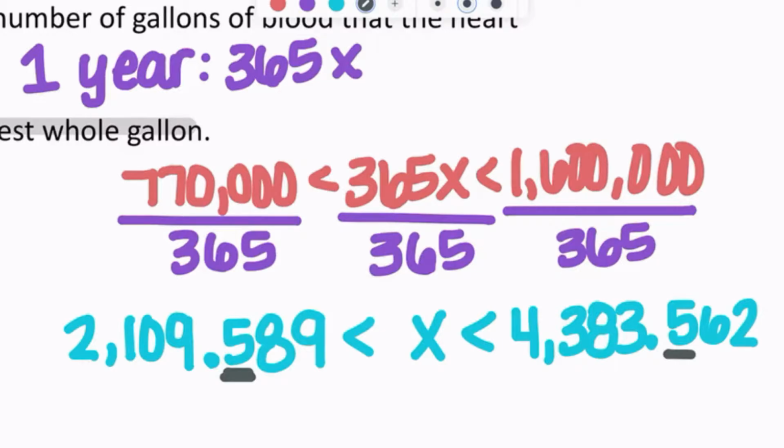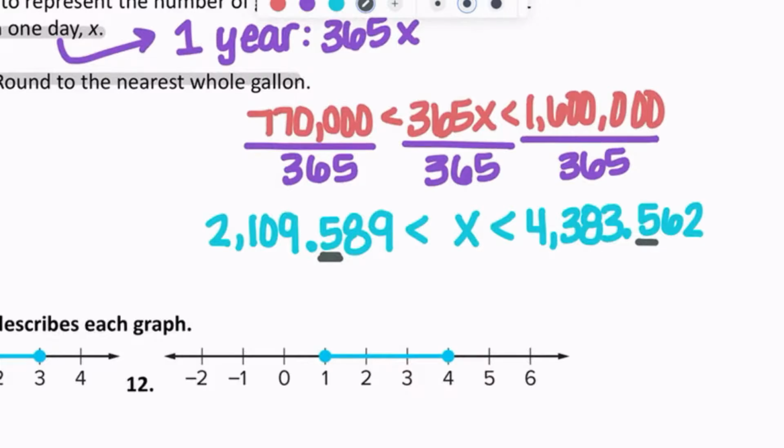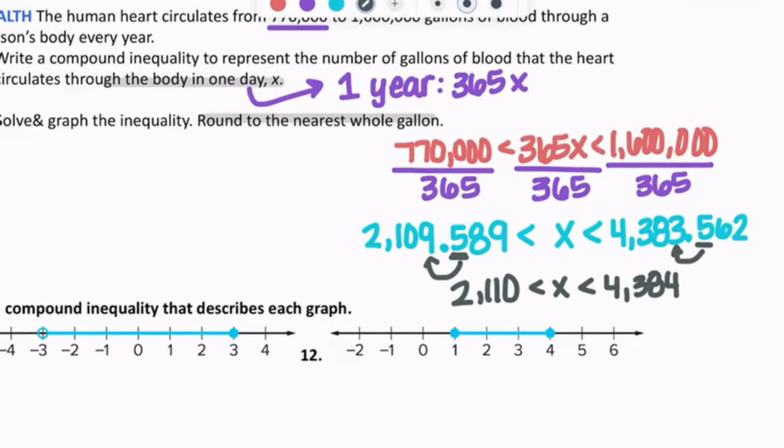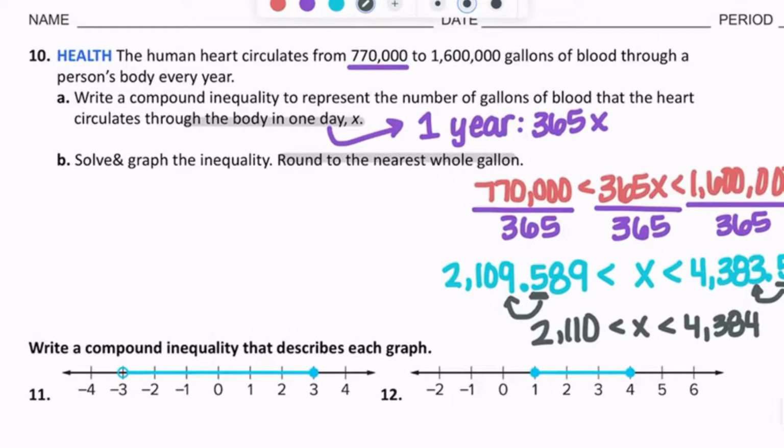If I round to the nearest whole number, I look at the next place value. And so if that is 5 or higher, that means this gets rounded up. So 2,109 becomes 2,110 is less than x is less than, that's a 5, so that's going to go up, 4,384 gallons per day.